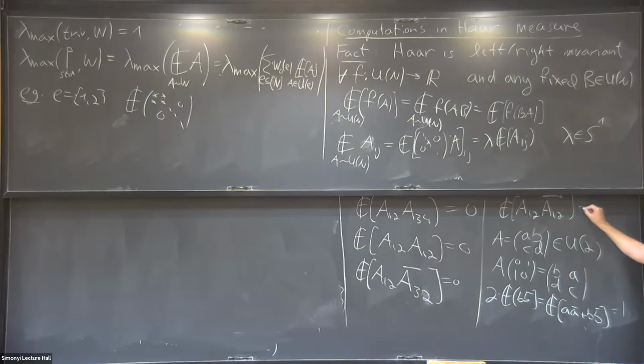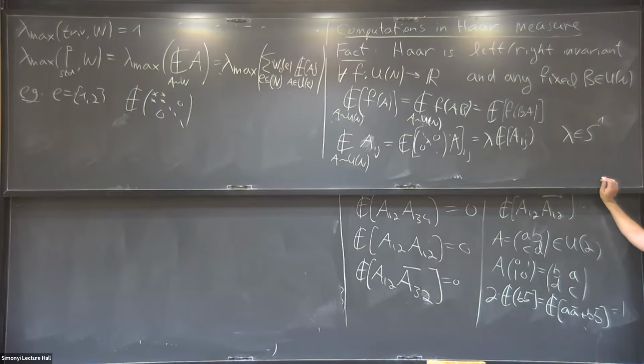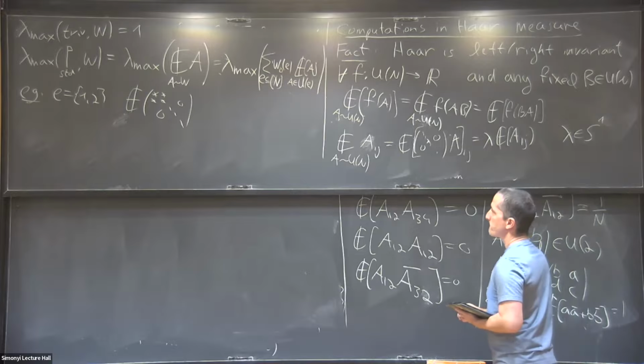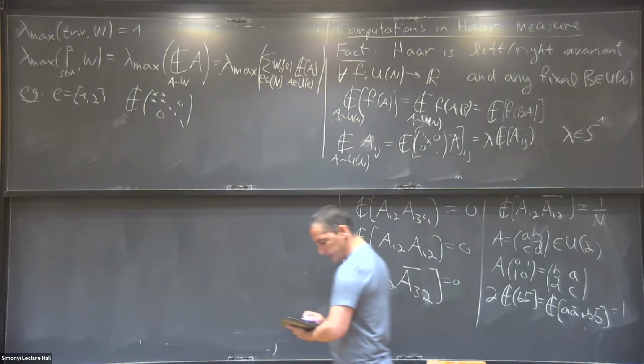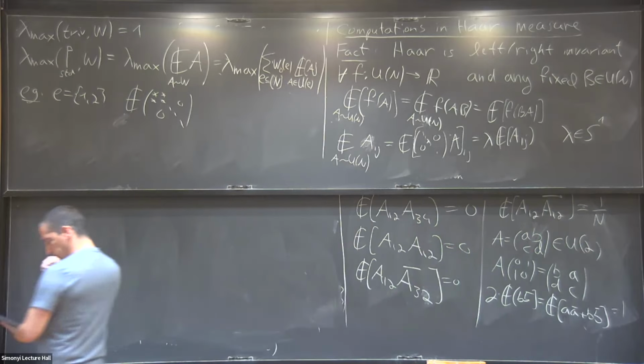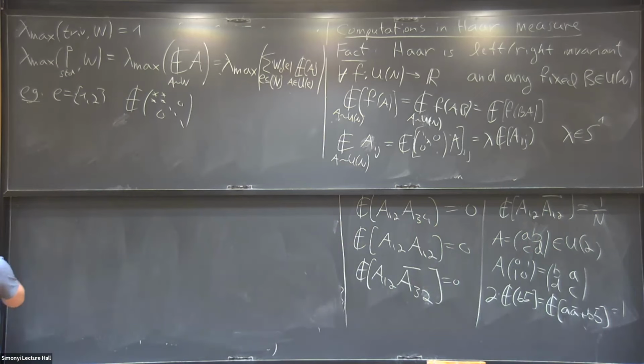So this is in U2, and in general this is 1/n. The same kind of argument shows that this is 1/n. But I want to say more generally. Okay, let's put it here.